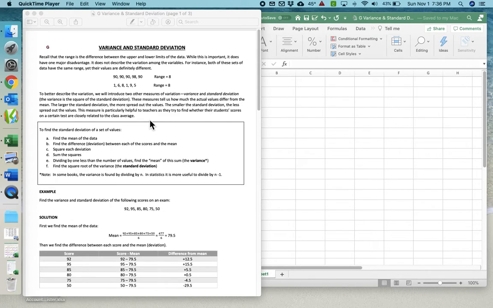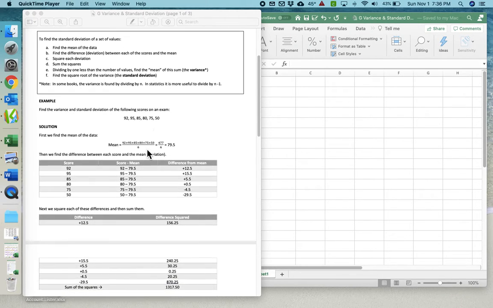The measure is particularly helpful to teachers as they try to find whether their students' scores on certain tests are closely related to the class average. So to find the standard deviation, we do these things. We find the mean of the data. We find the difference, it's called the deviation, between each of these scores and the mean.